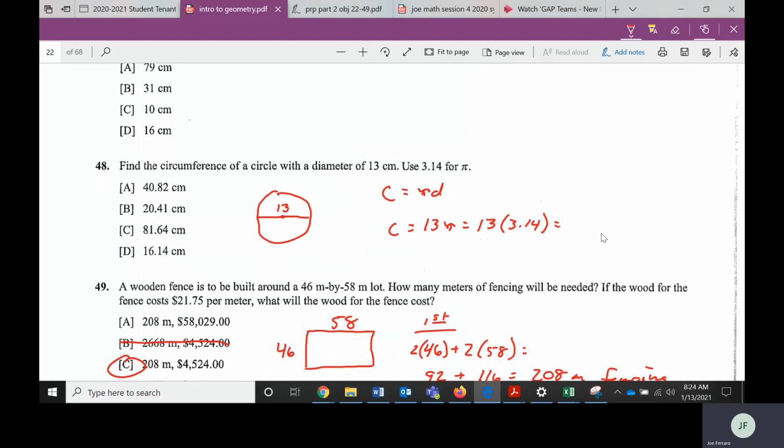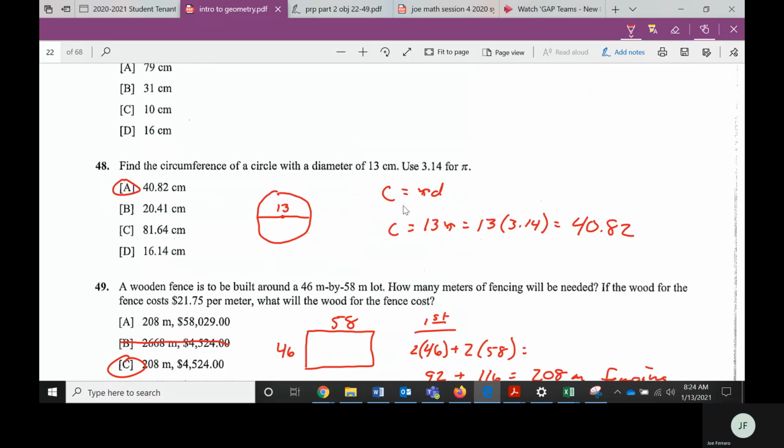Either way, you multiply, you're going to get 40.82. So that's the distance around the circle. So that's kind of a basic one using a diameter.